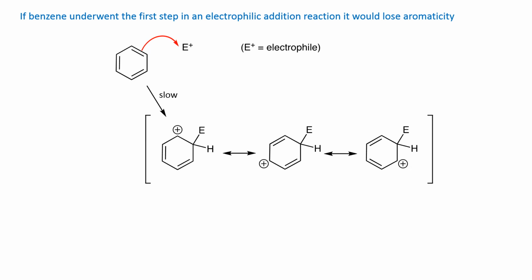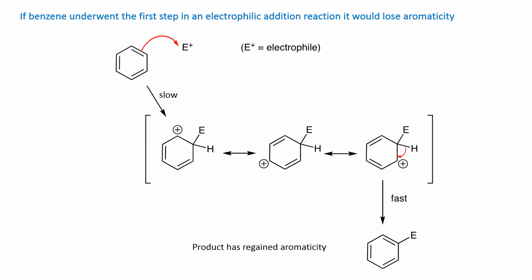However, if we consider the carbocation intermediate and look at the structure that we've got drawn out here, we can see an alternative pathway. If the benzene molecule attacks an electrophile to give the carbocation intermediate, it can regain aromaticity through loss of a proton in a very fast reaction to give a substituted product.